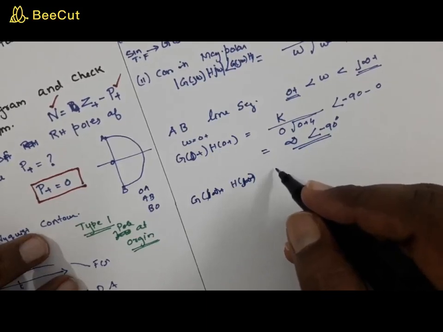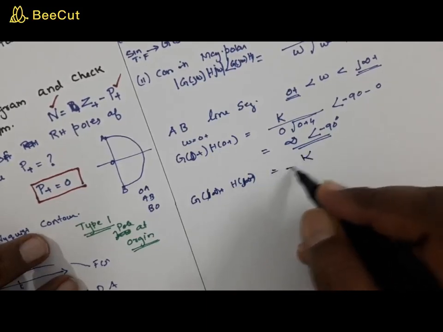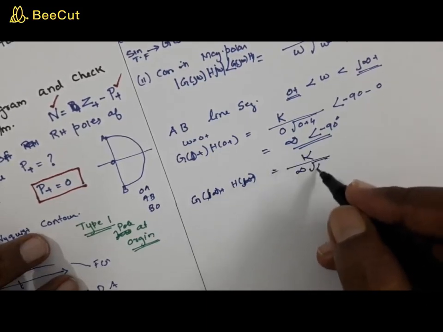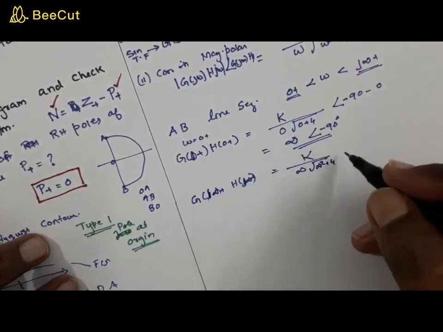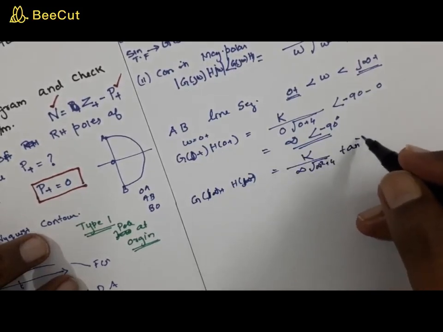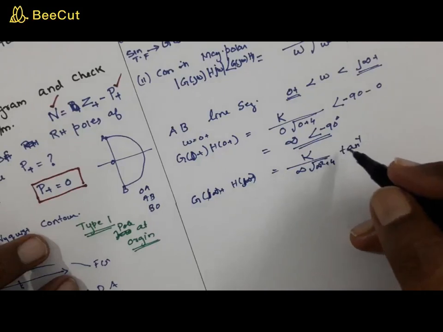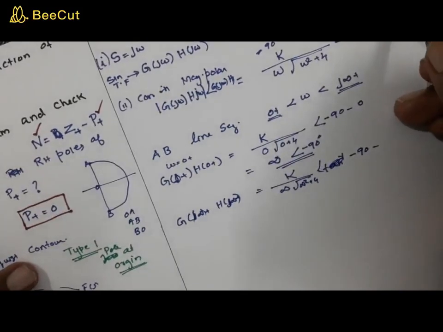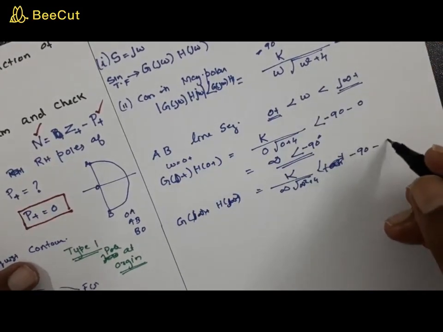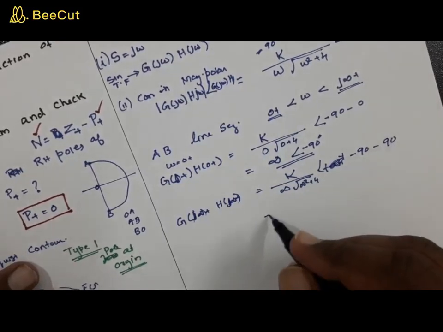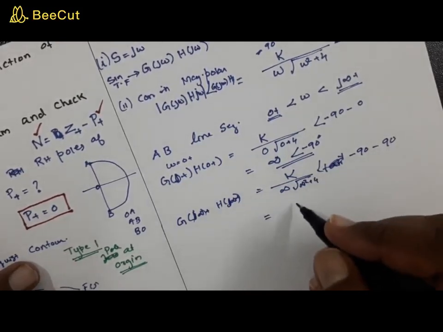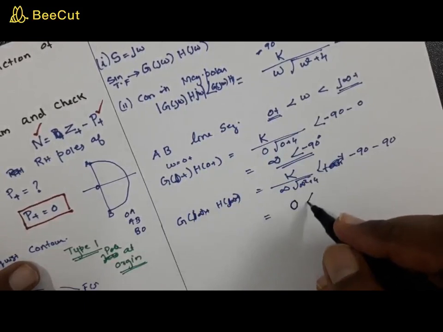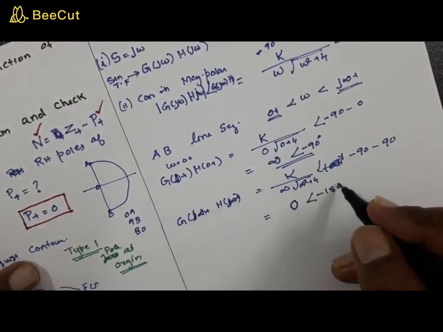So when you put infinity plus, you will get k by infinity into root of infinity square plus 4, angle minus 90 minus tan inverse infinity. What is tan inverse infinity? That is 90. So you will get this as, what is k by infinity? K by infinity is 0, angle minus 180 degree.